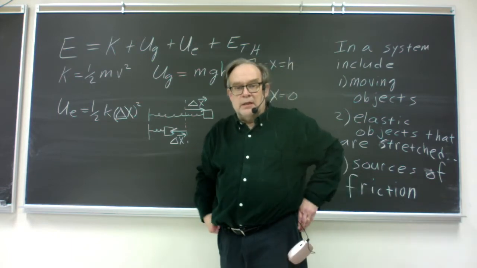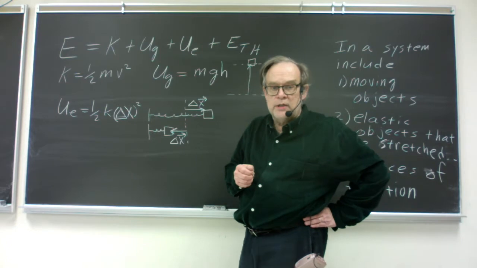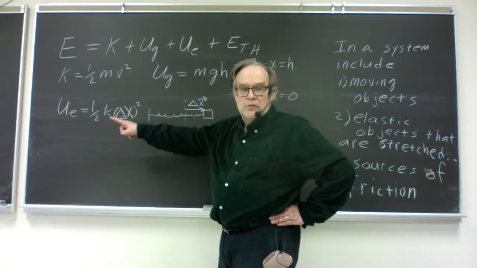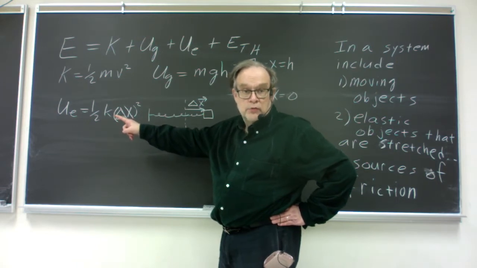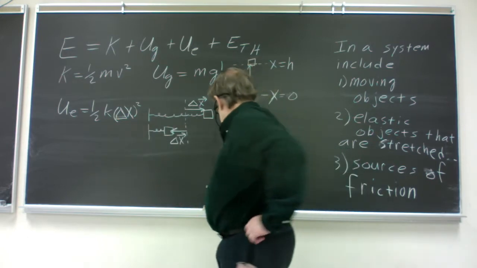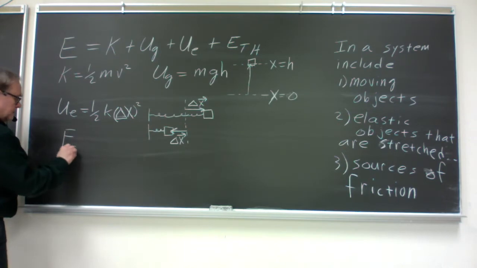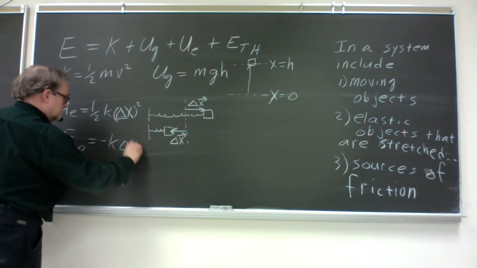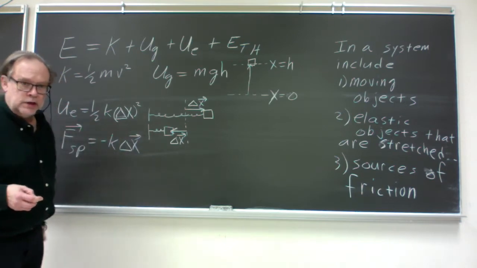The simplest elastic object that we consider is a spring that you could stretch or squeeze. And for that, the elastic energy is 1/2 K. This is the same K that appears in the rule for a spring force. There's our rule for a spring force.